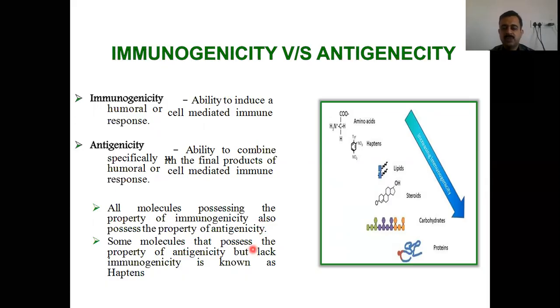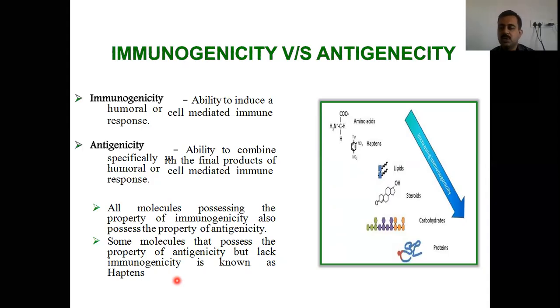Some molecules that possess antigenicity but lack immunogenicity are known as haptens. Immunogenicity is the ability of an antigen to start an immunological response, either humoral or cell-mediated, while antigenicity is specific binding to the product of that response.